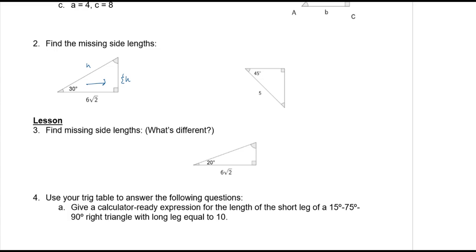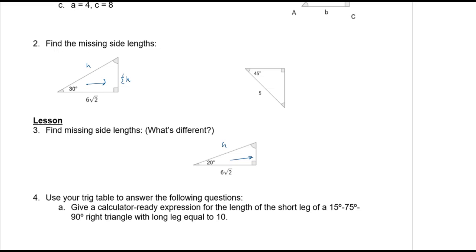For a 20-degree angle, we don't know what this side is relative to the hypotenuse, or the other leg for that matter. So when the angles aren't the special angles, you'll have to look them up in a table, and I've given you a table on the back of the practice exam, which I'll show you in a moment. But for now, let's see if we can find the hypotenuse for this 20-degree right triangle.